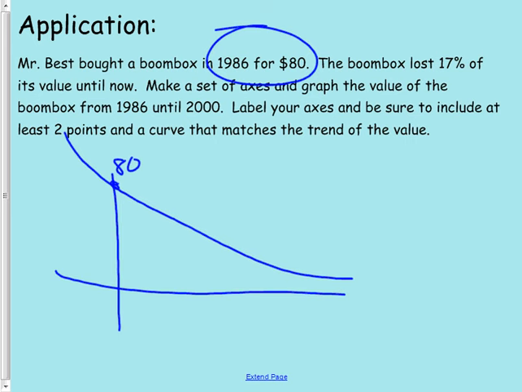Now, if I had to write a formula for it, I'd go like this. Y equals AB to the X. And what is my starting value that I should put in for the A? That's where the starting number always goes. 80. And my B is one of these guys. Remember these? 1 plus or 1 minus.